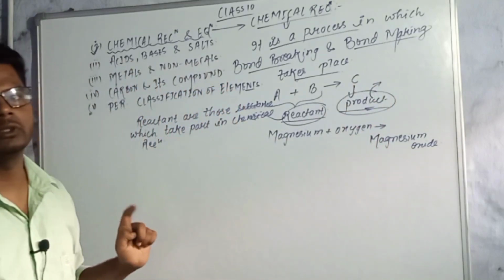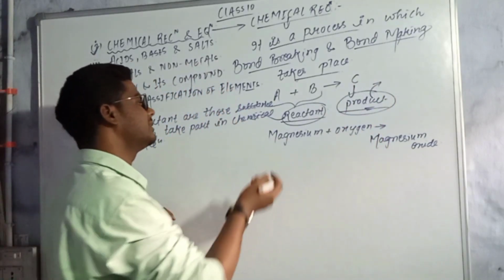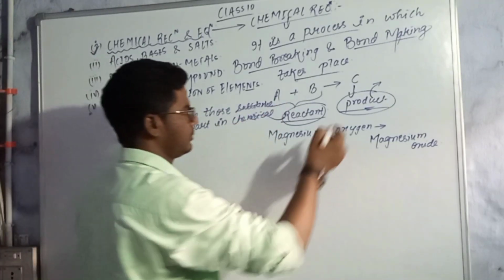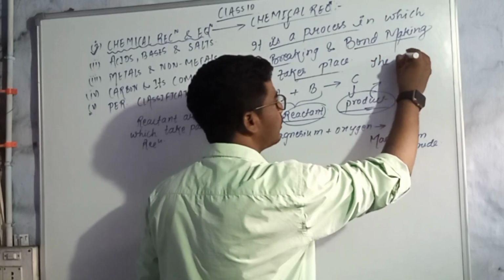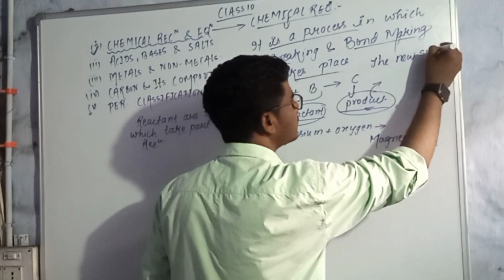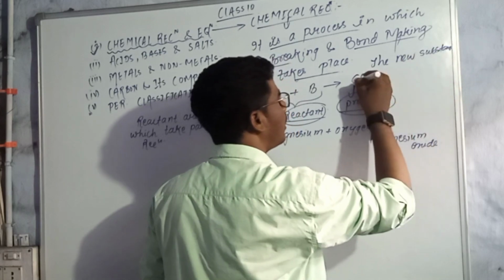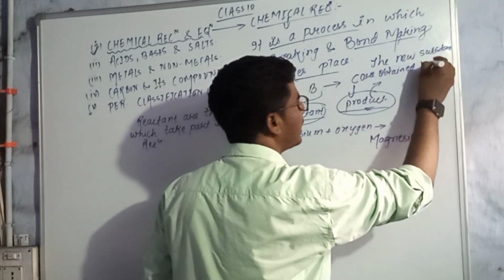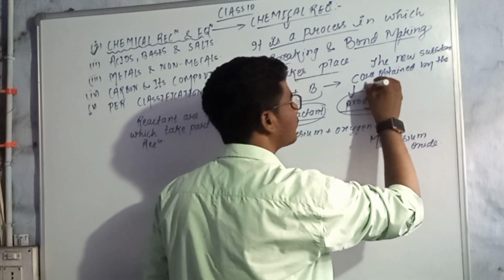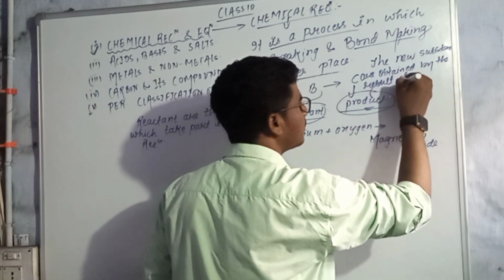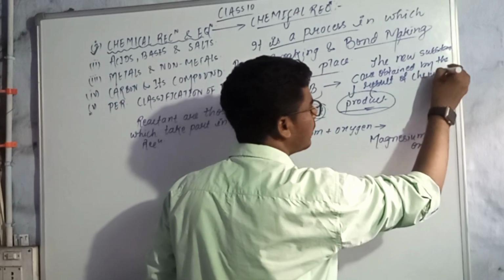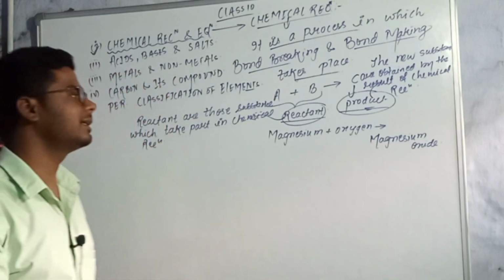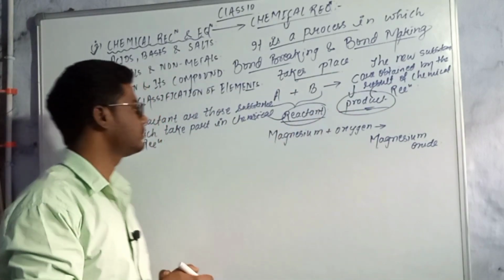The new substances which are obtained by the combination of reactants, as the result of a chemical reaction, are called products.